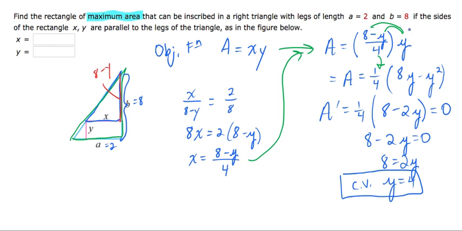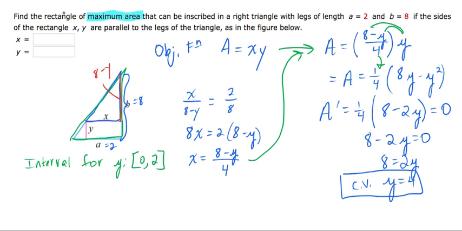The variable I went with here is y, so let's find the endpoints for y. The smallest that y could realistically be is 0. That's what makes sense for the problem. The largest y could be is this leg length.